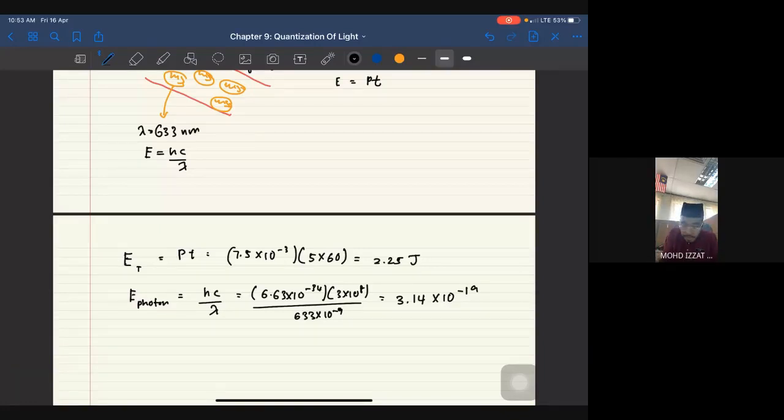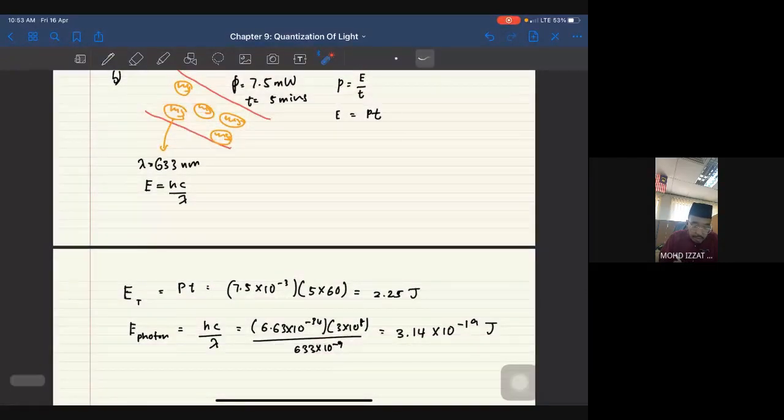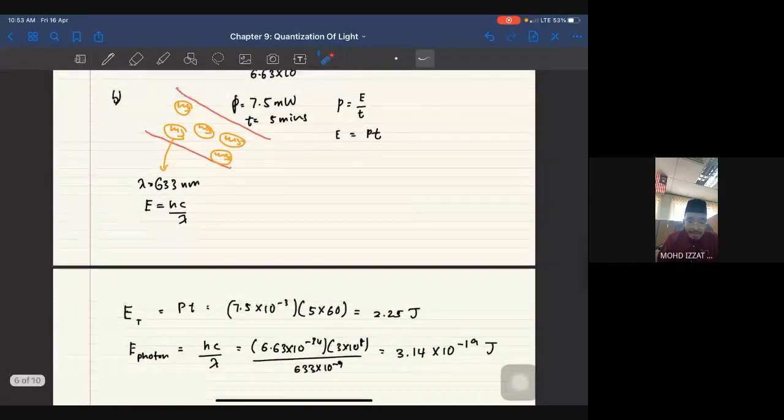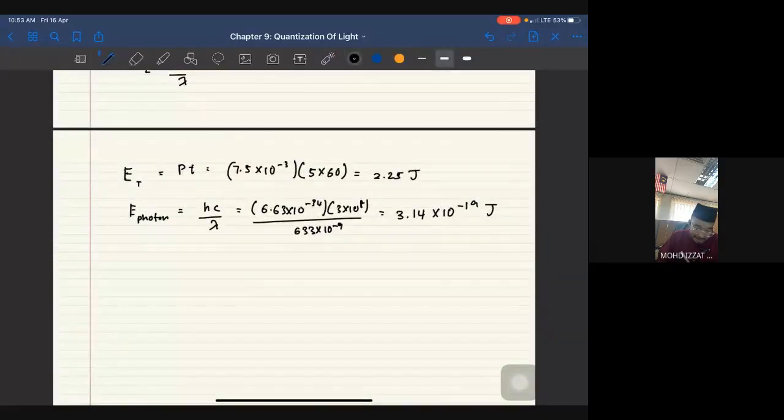Okay, so what is the next step? You have the energy for individual photons, and you already have the energy of the whole thing. So, how many photons are there? So the number of photons, we will put as n, is equal to E total divided by E of a photon.